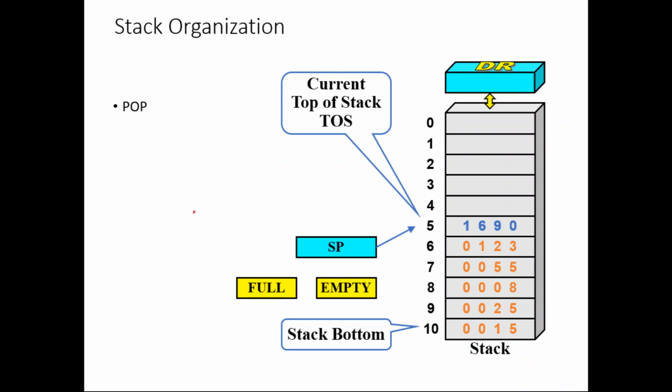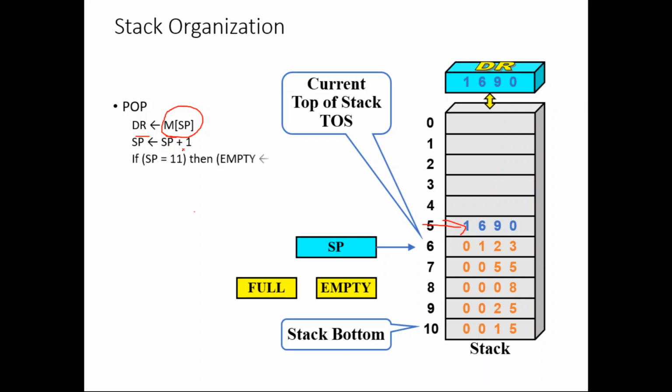Similarly, let us see the logic for pop. When you pop, you return the element at the current top, and then we have to increment SP, because we are coming down. So DR = M[SP], return that, then SP = SP + 1.